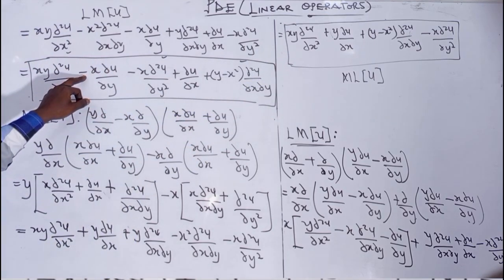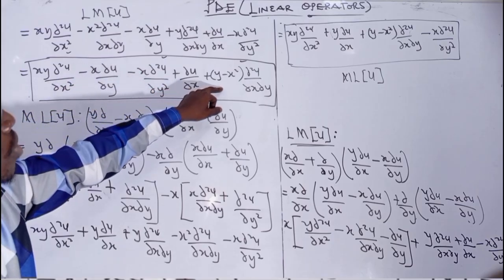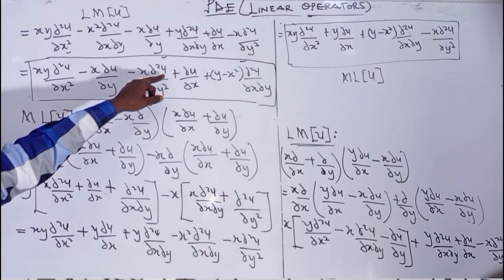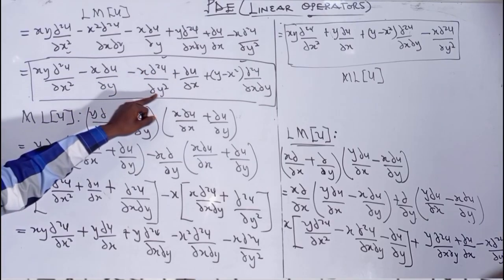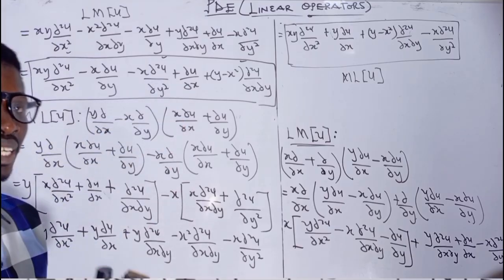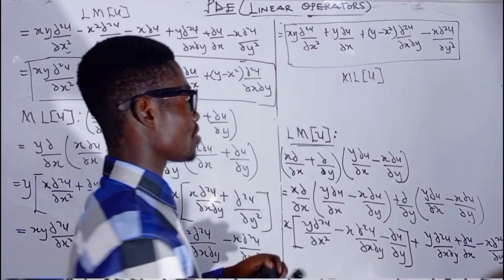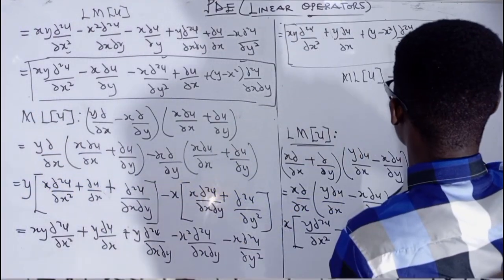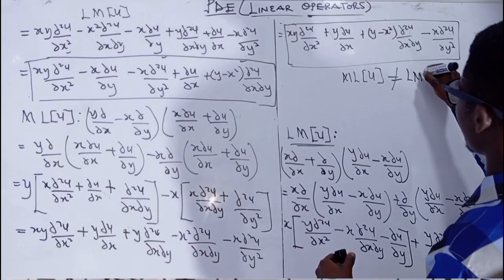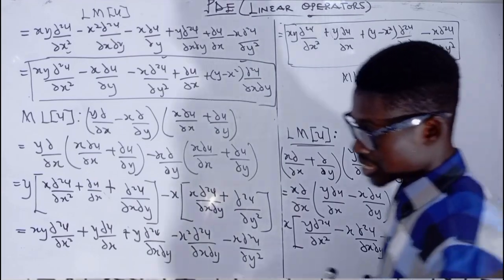The second one, they are different. Even this one is okay, but this one is different. x² ∂²u/∂y². So you can see that they are not the same. Some of the terms are the same, others are not the same. So you can say that this is not equal to that. So finally, we can say that MLU is not equal to what? LMU. Very, very easy and simple.